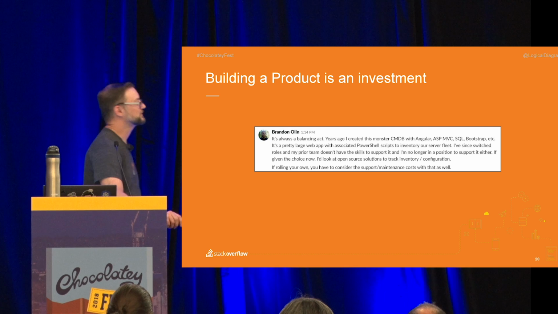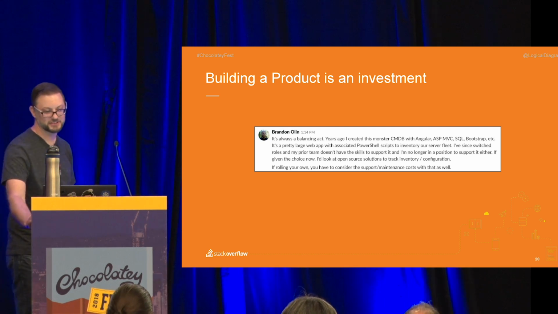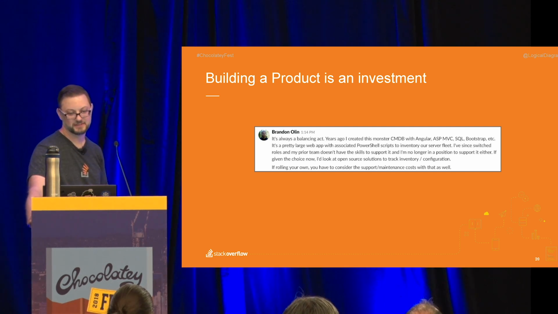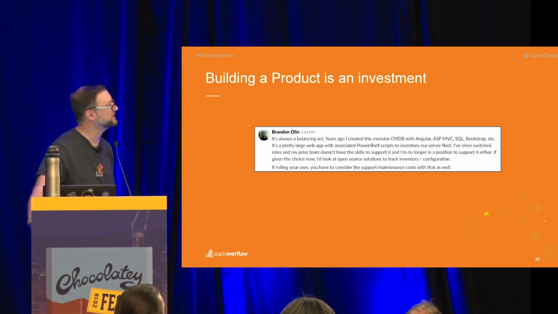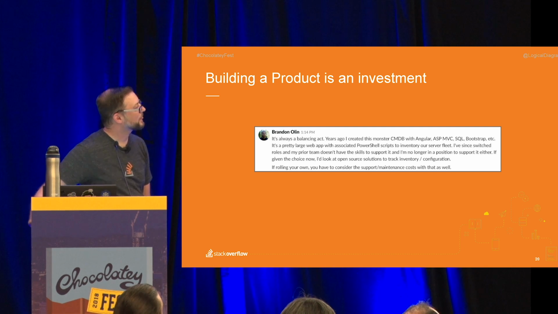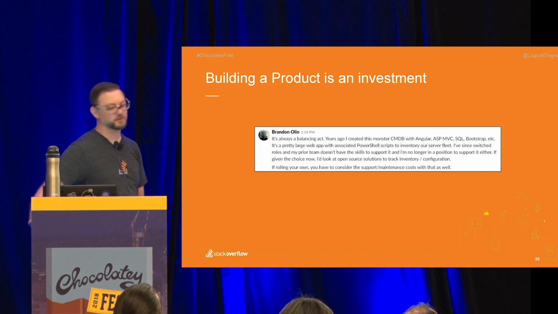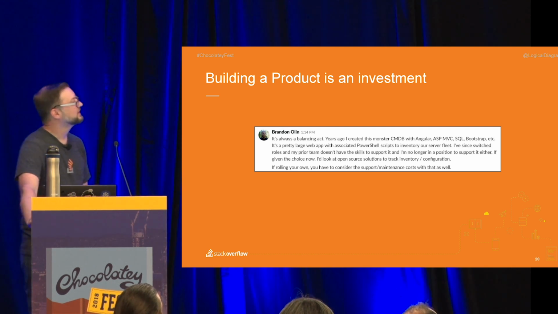So I was following along a chat on Slack last week, actually, and Brendan Olin, AKA Dev Black Ops and the creator of PoshBot and several other awesome PowerShell utilities, made this comment about some project he had previously worked on.